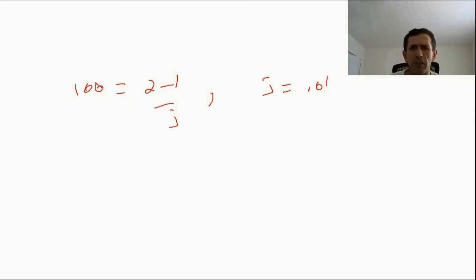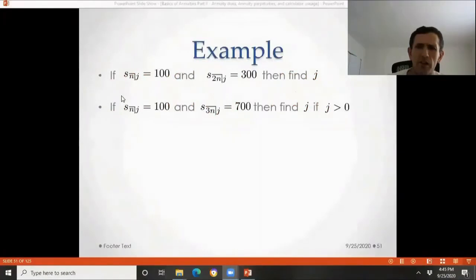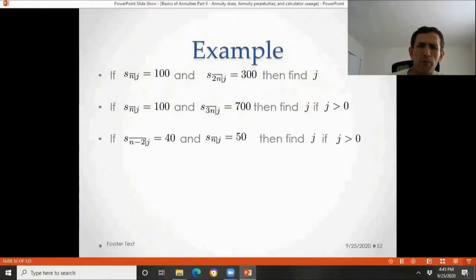Okay, last but not least in these kinds of problems, let's do a problem where if S_n minus 2j is 40 and S_nj is 50, then find j if j is going to be positive.